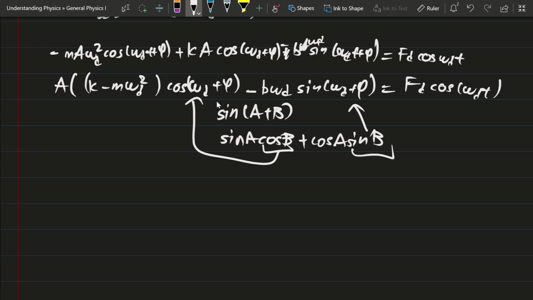This is because if you actually divide everything by a certain value, no, sorry.